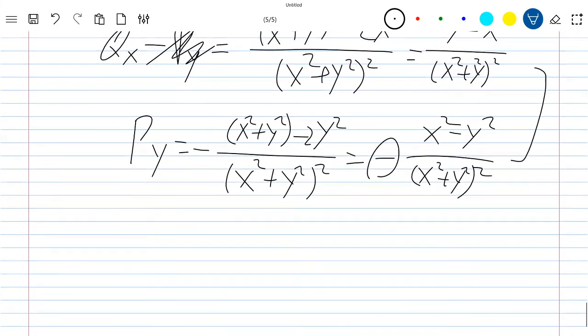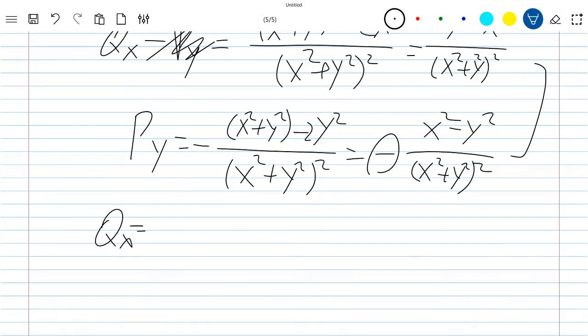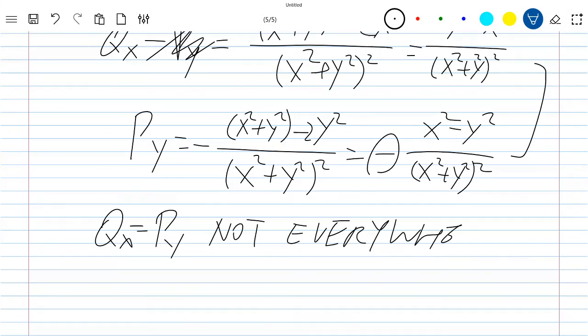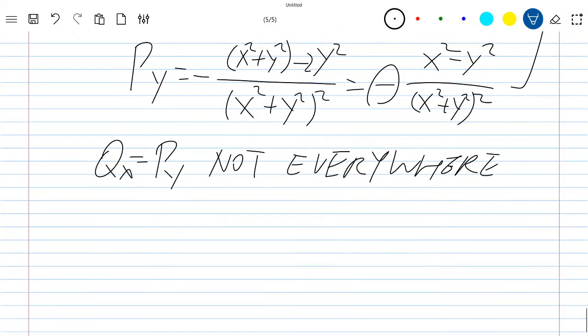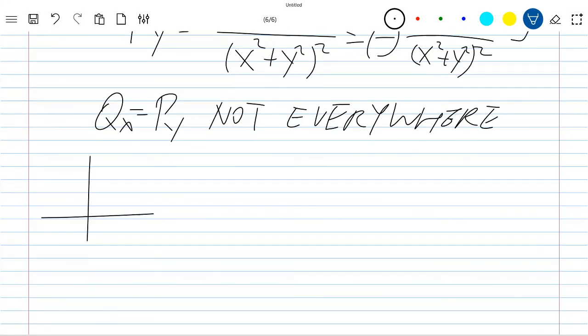So it means qx equals py, however, not everywhere. Where did it fail? Only at one point, when the denominator is 0, which means the origin. So you can say that's only one point, but that one point will change this completely.